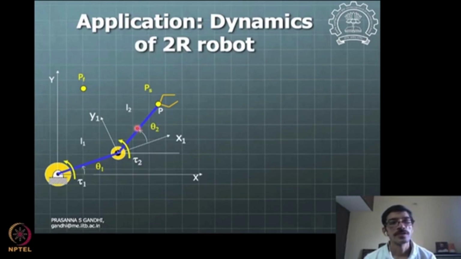Once you get the coordinates, say x CG2 and y CG2, then you differentiate that to get x dot CG2 and y dot CG2, and your total velocity of CG will be square root of x dot CG2 square plus y dot CG2 square.